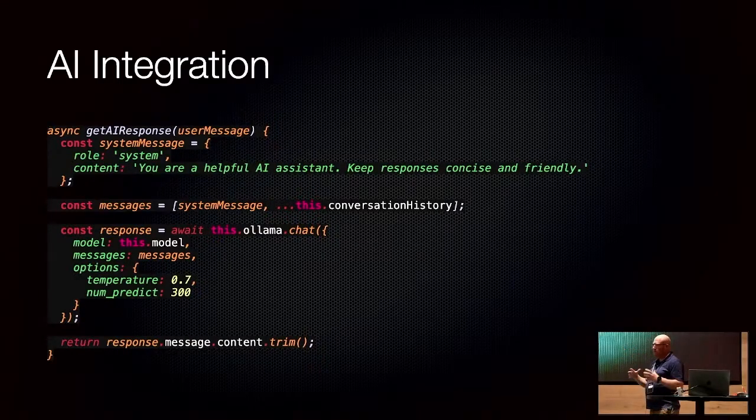So the temperature is basically how random or flavorful, I guess, your response is going to be, right? And so if you're below 1, the closer you get to 0, the more it's going to consistently give you the same thing with the same wording, right? There's more variability in it if you go above 1 on the temperature. So you can increase that as much as you want, see what you get. I highly recommend that you play with these numbers and see what you're getting and whether you like it. The numPredict number is just the approximate length of the response.